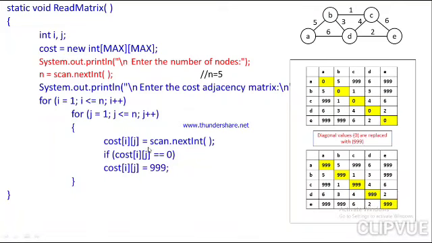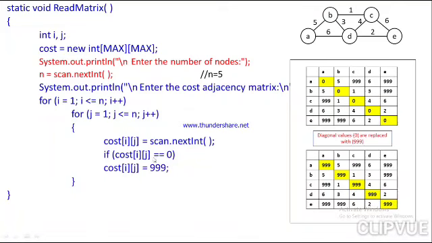Then after that what we are doing here, if the cost of ij is equal to 0, means if it is a diagonal element anywhere, then make that entry 999. So here see, initially the diagonal elements were 0, now I am making the diagonal elements 999.